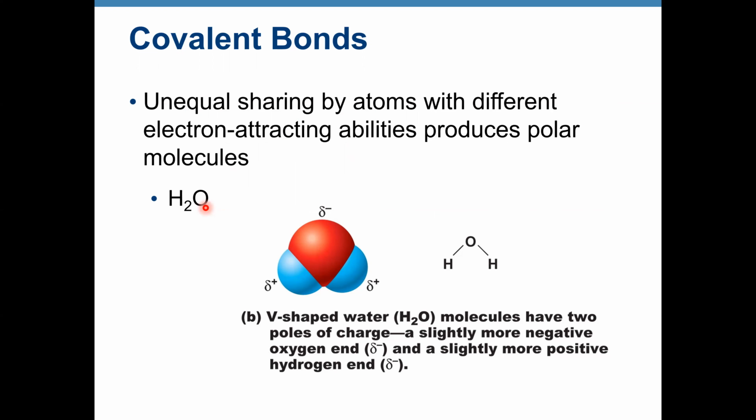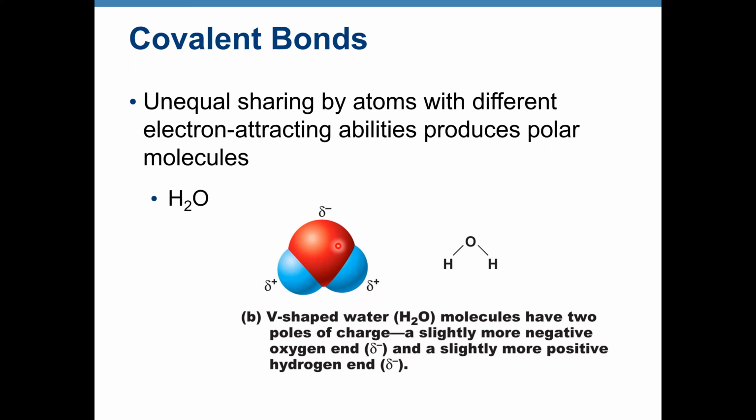Oxygen is a more electronegative atom. It means it has higher attracting ability for electrons, and hydrogen has lower attracting ability for electrons. That's why electrons will spend more time close to oxygen than they spend next to hydrogen.